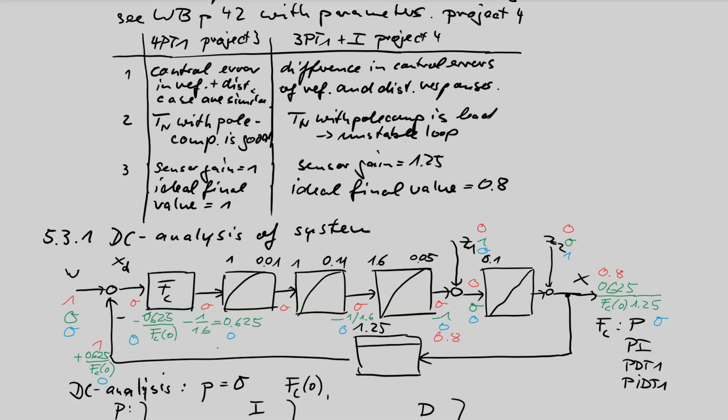So this sensor gain 1.25 gives an ideal final value of the controlled variable of 0.8. That is not a 20% error as in the case before. This is error 0. So I think the third difference is also cleared.